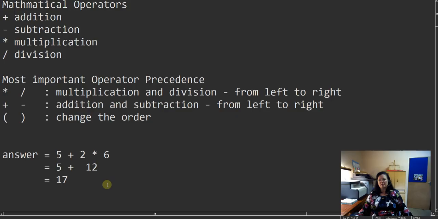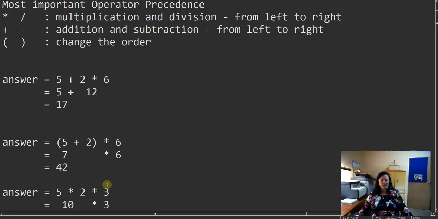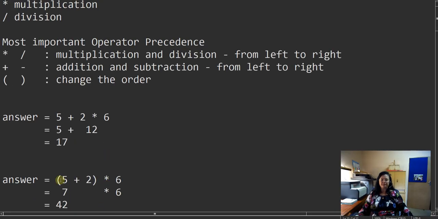Okay, it's important that you understand how things would be executed in a formula. If I change the order, if I add parentheses, then 5 would be added to 2 first, I get 7, and in the next step 7 and 6 would be multiplied, and I get 42.